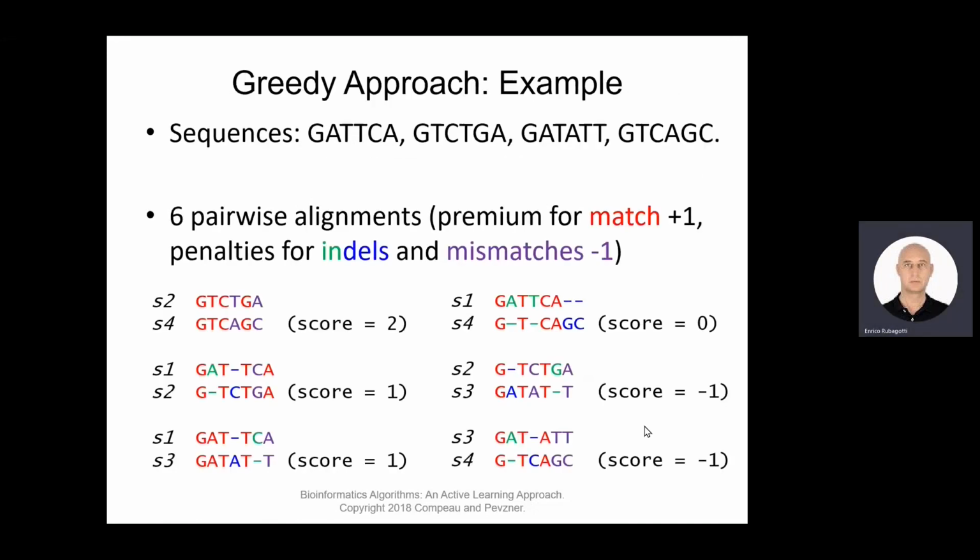This is an example. I have 1, 2, 3, 4 sequences. So I'm going to do 6 pairwise alignments, and I'm going to report the score of the alignment: 2, 1, 1, 0, minus 1, minus 1.